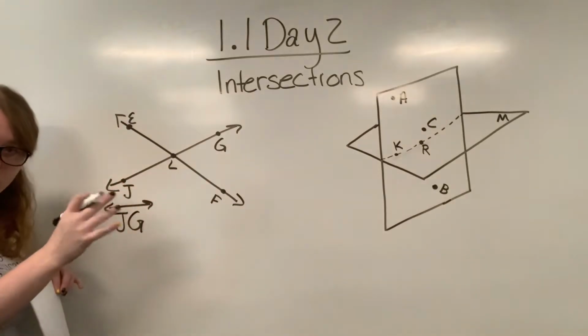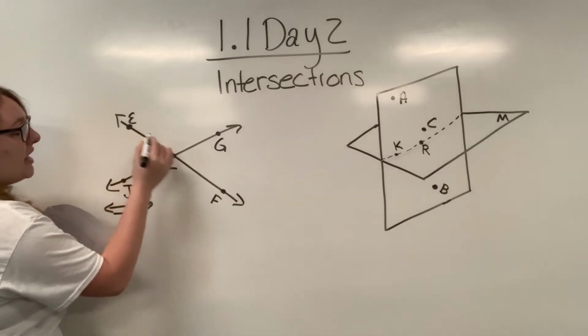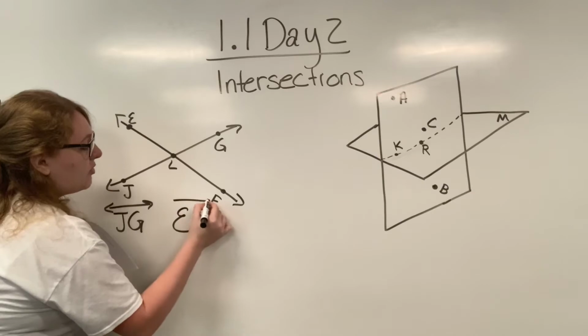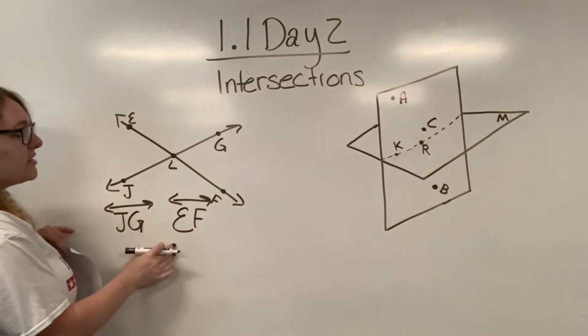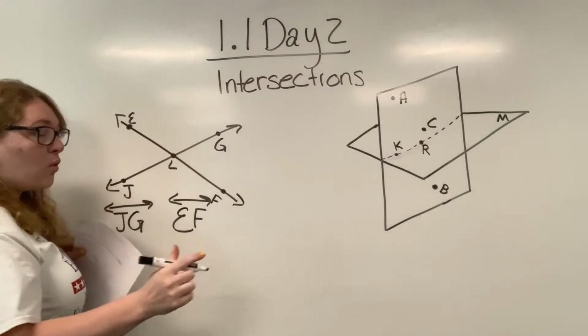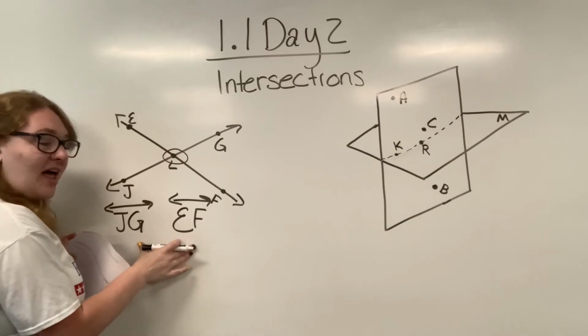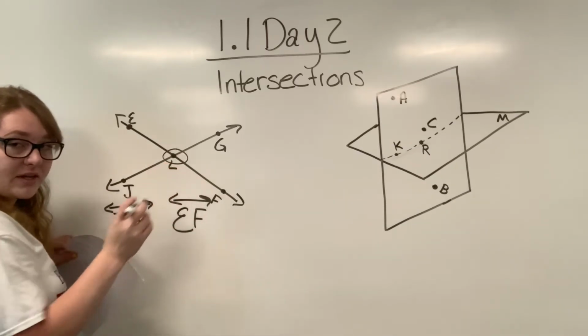Or you could flip them, GJ, that's fine too. And line EF, again with a line with 2 arrows over top. These 2 lines are intersecting at 1 point, and that point is point L. So when 2 lines intersect, they intersect at a single point.